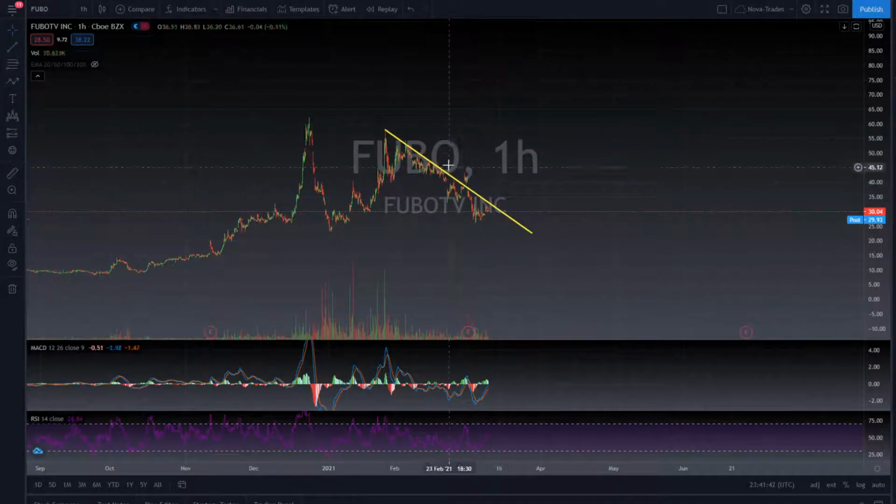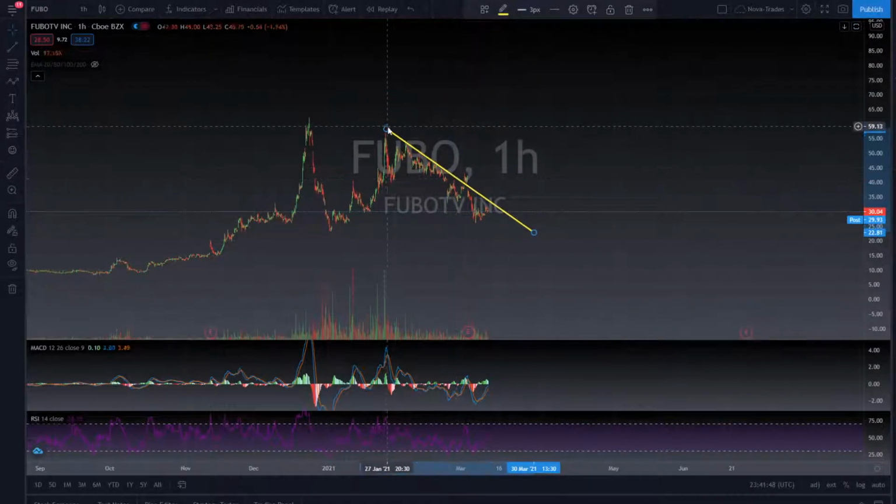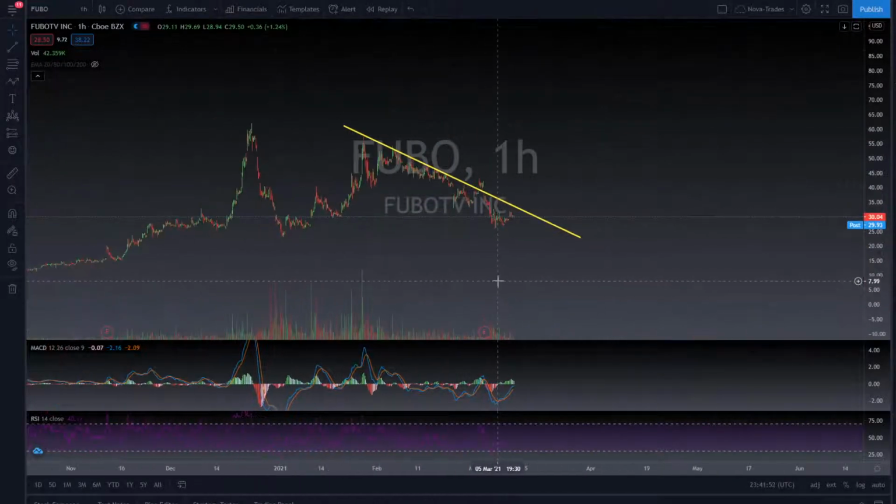It came up and tried to jump over it, but it instantly got sold under it again. So this is something that I personally am just gonna keep an eye on, but nothing really about it is standing out to me. I personally wouldn't touch this until we can break over this downtrend.